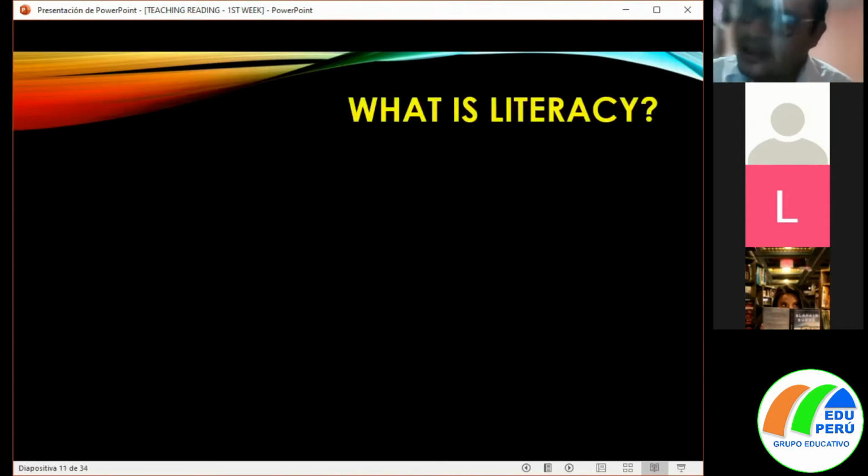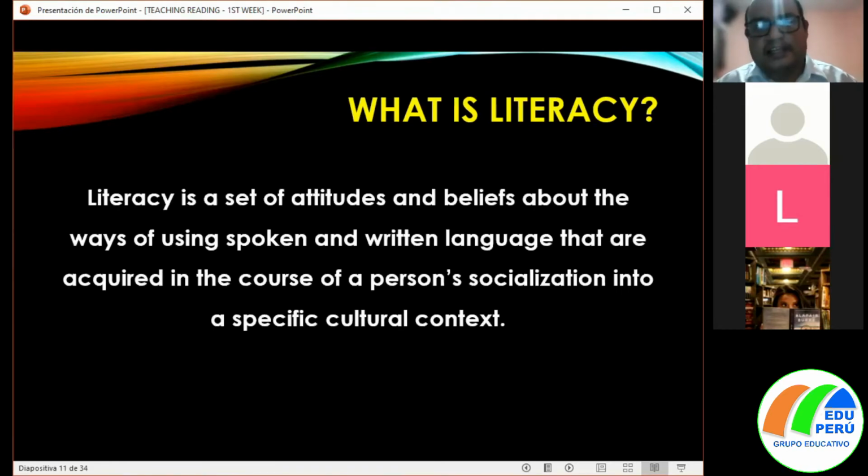Now, in previous slides, we talked about this word. What is literacy? It's important here, all right? Literacy. What is that? Literacy, notice here, is a set or group. No, remember, set is similar to say group.